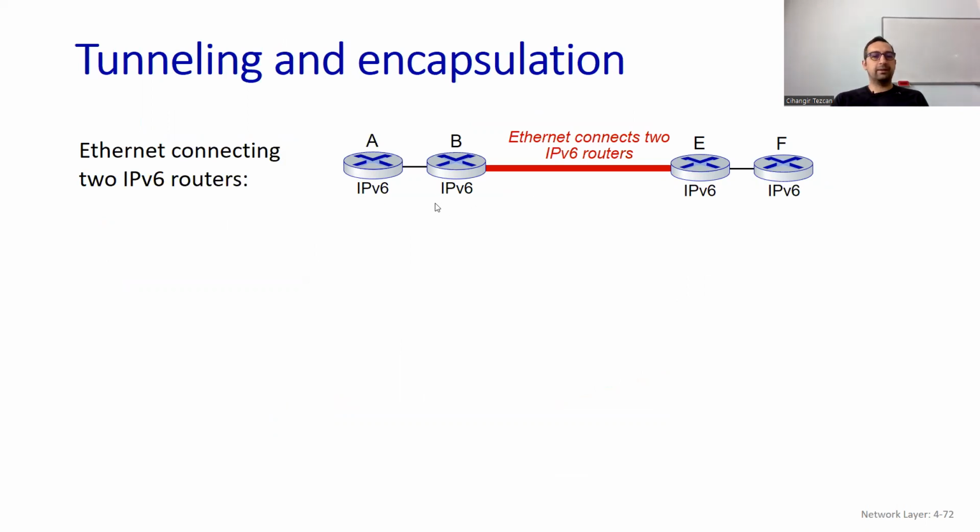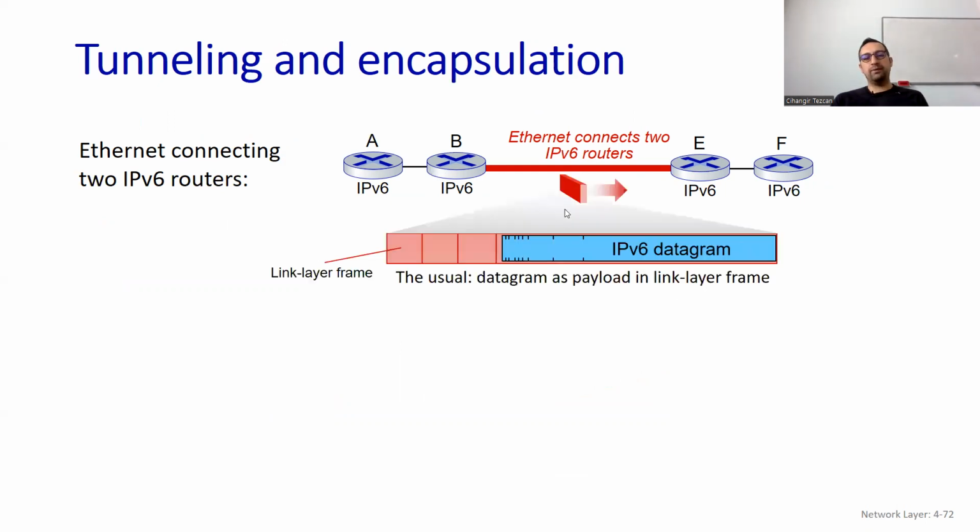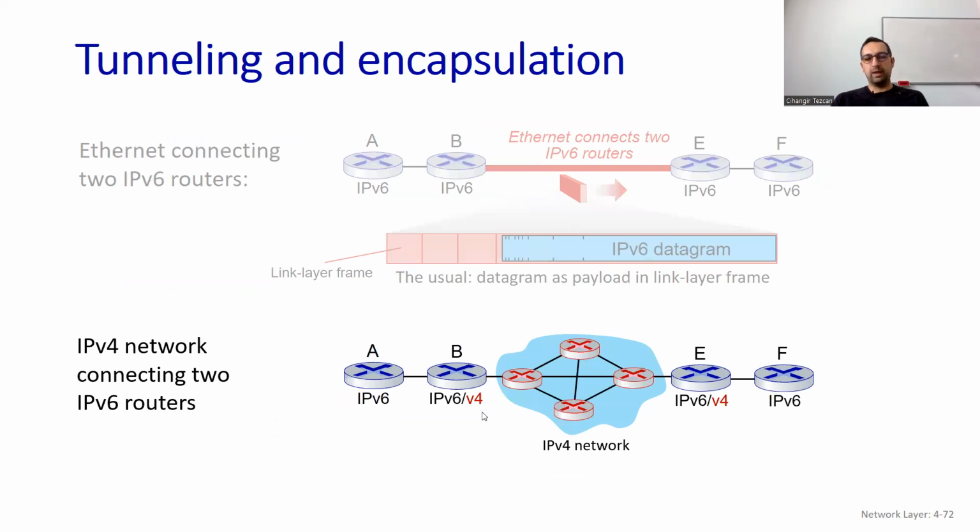So if everybody is compatible with IP version 6, you simply, Ethernet connects to IP version 6 routers. But if there are IP version 4 routers inside the network, since these IP version 6 routers support IP version 4, at this point, you do the packet-in-packet modification, but now your destination will be here.